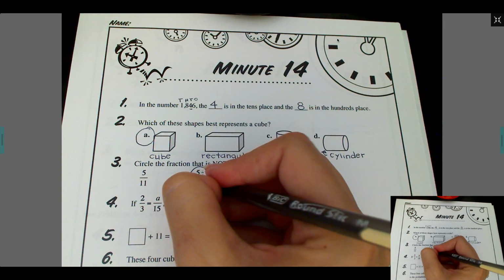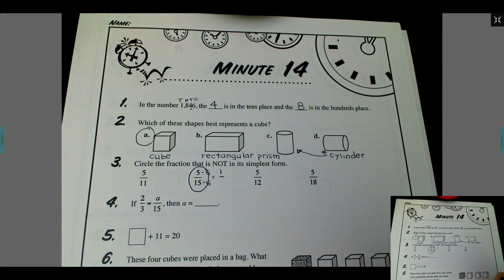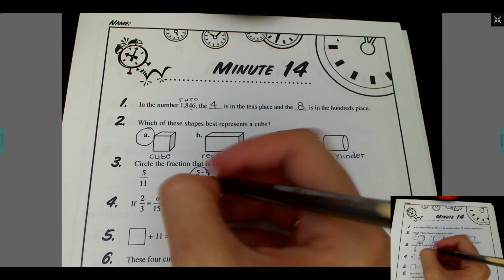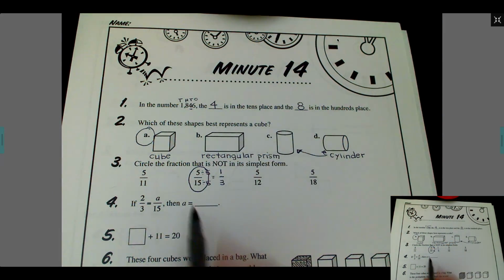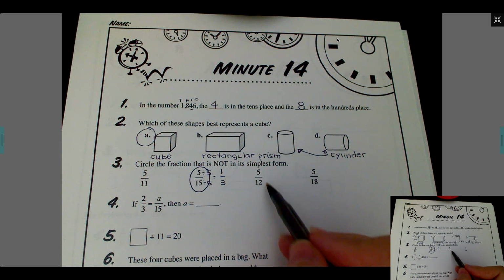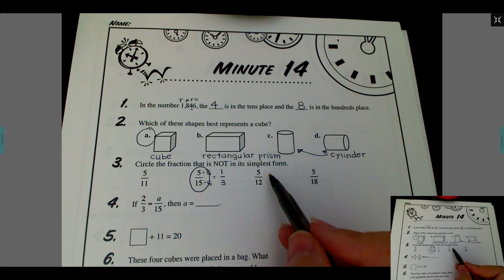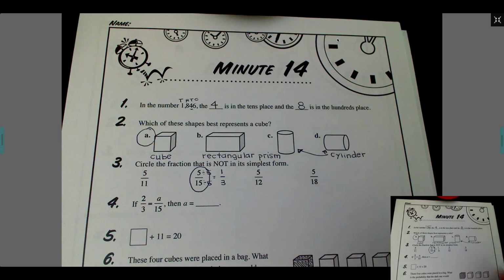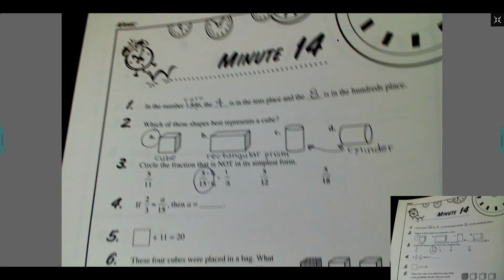And whatever I do to the top, I must also do the bottom. 15 divided by 5 is 3. I could still further simplify 5/15ths to 1/3. So this is the fraction that is not in its simplest form. 5/12ths is in its simplest form. Again, there are no factors between the two. And 5/18ths, there are no common factors. So we know that those 3 are in simplest form.